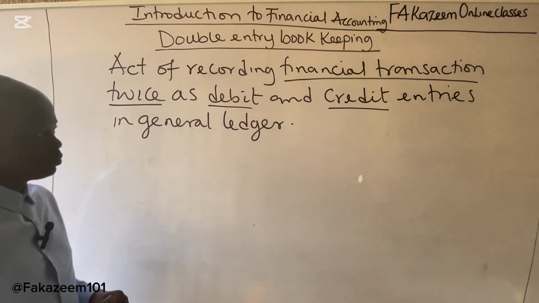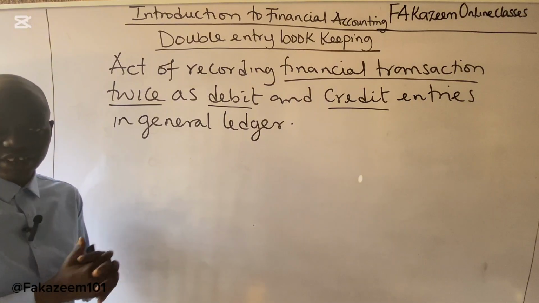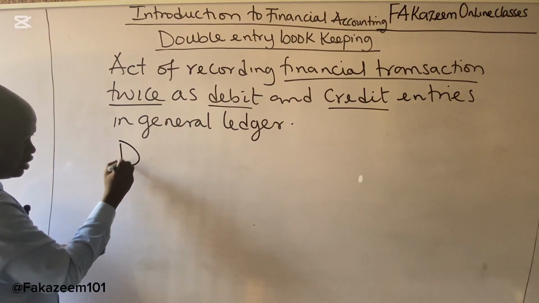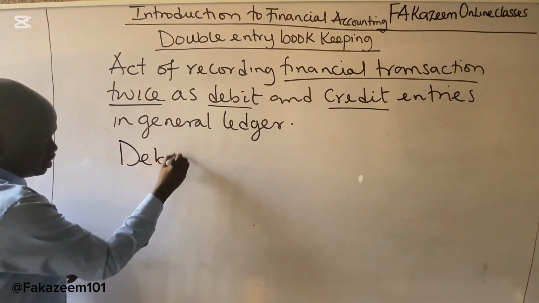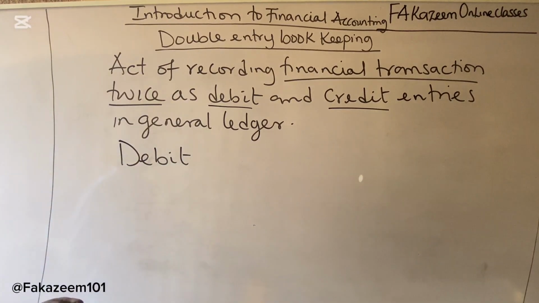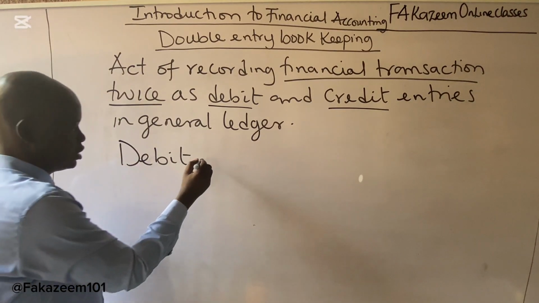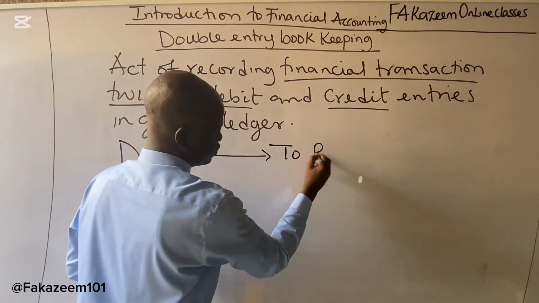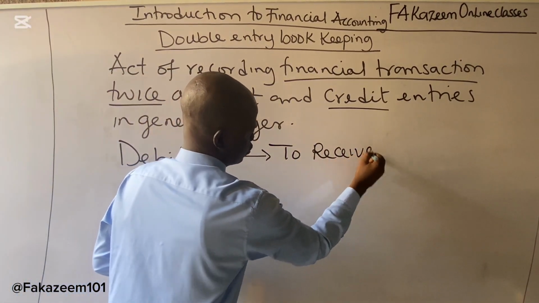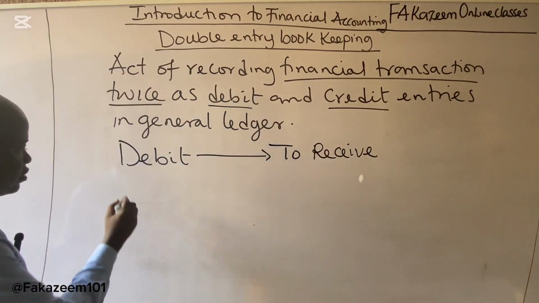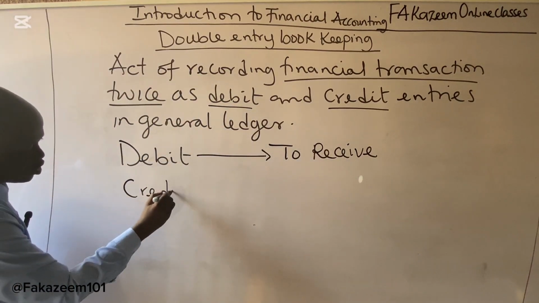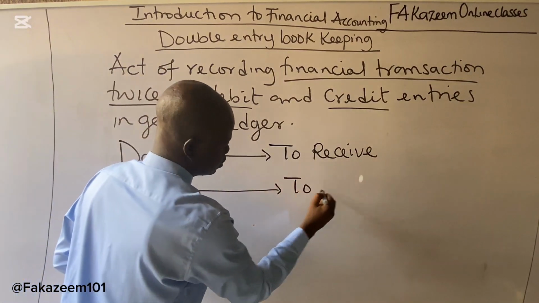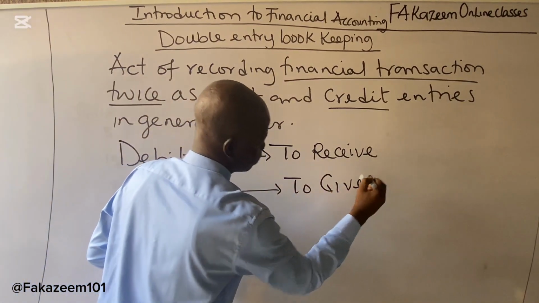The question remains, why debit and credit entries? Let's start from the word debit. Debit is a Latin word, and what debit means is to receive. Credit is also a Latin word, and what it means is to give.